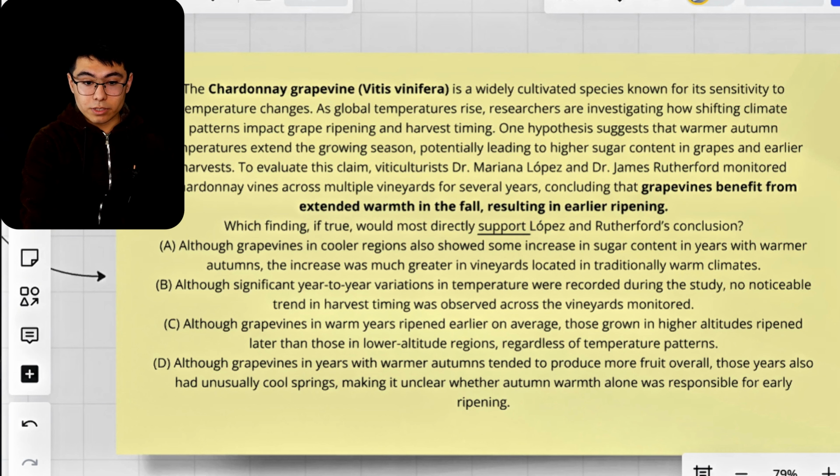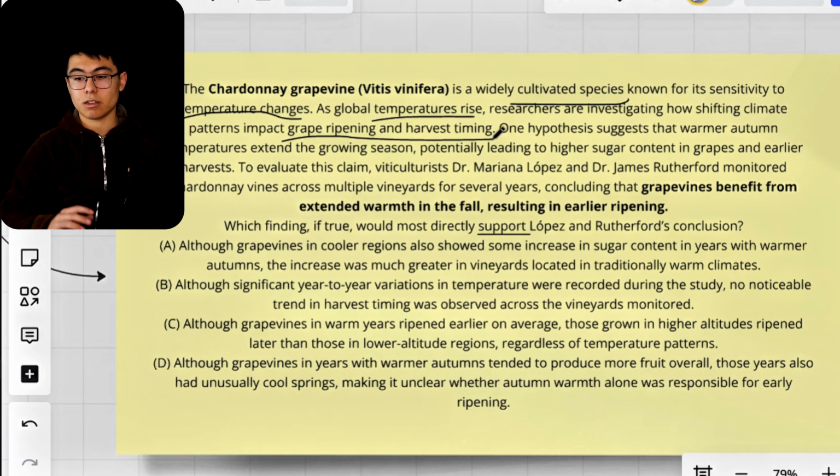Okay, so now let's read the text. So here we have a widely cultivated species known for its sensitivity to climate temperature changes. As global temperatures rise, researchers are investigating how shifting climate patterns impact grape ripening and harvest timing.